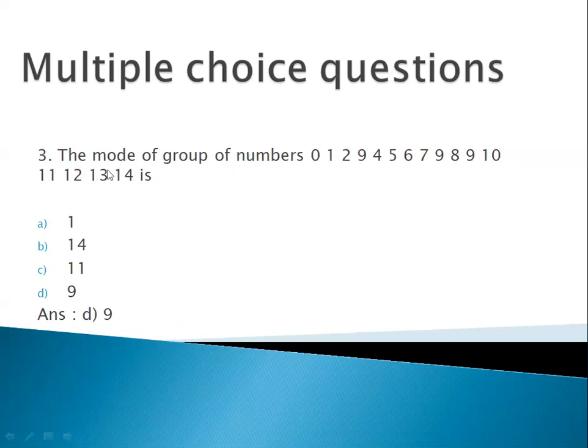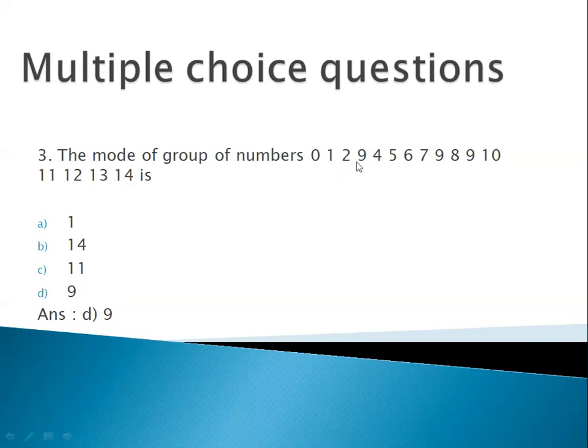Next question is the mode of the group of numbers 0, 1, 2, 9, 4, 5, 6, 7, 9, 8, 9, 10, 11, 12, 13, 14 is 1, 14, 11 or 9. What is mode? That is the number which occurs most frequently. So only 9 is the number which is frequently occurring in the data set.